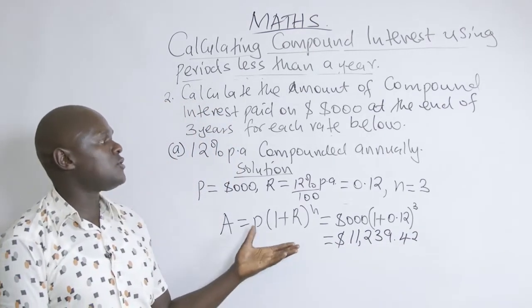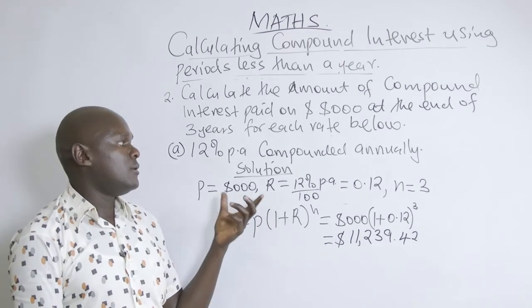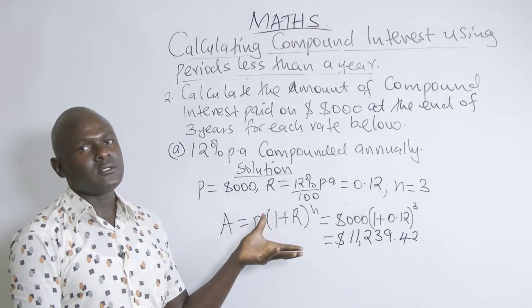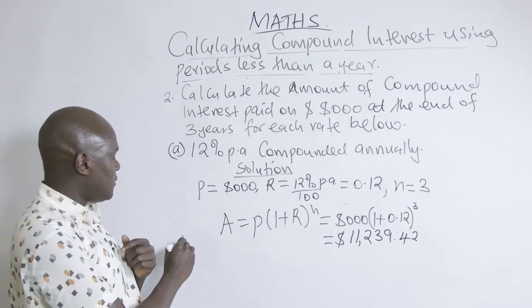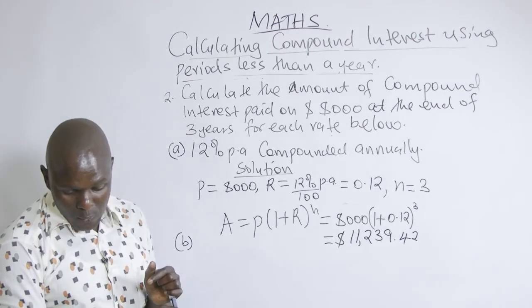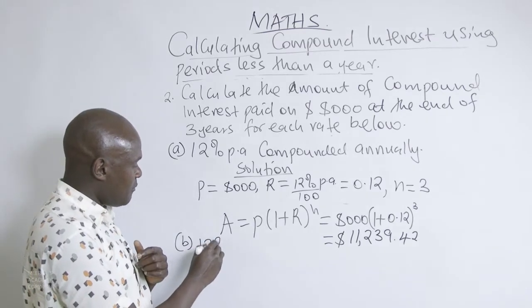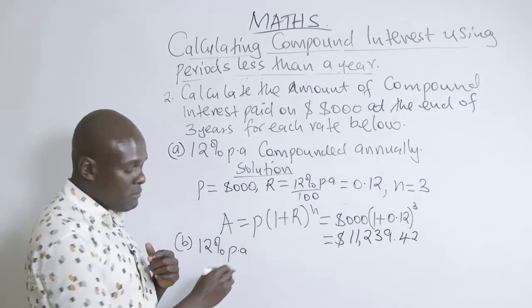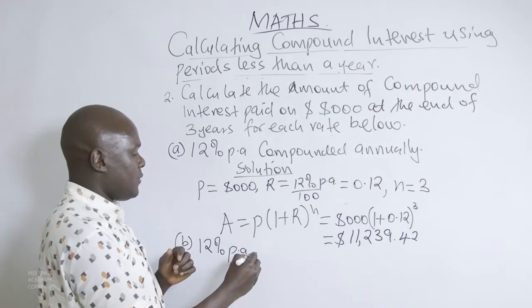dollars. So this is when our rates are given annually and the periods are in years. Let us move on and look at the second bit of this question. The second one is we have the same rates, 12% per year, but this time round they are compounded monthly.